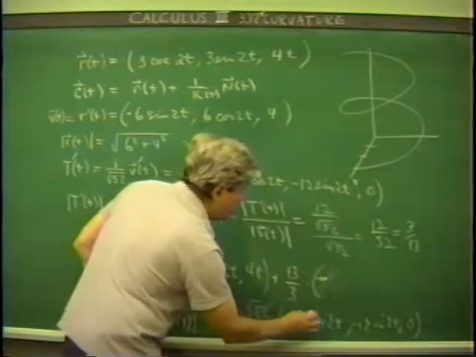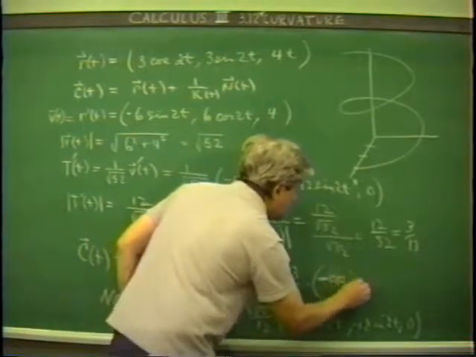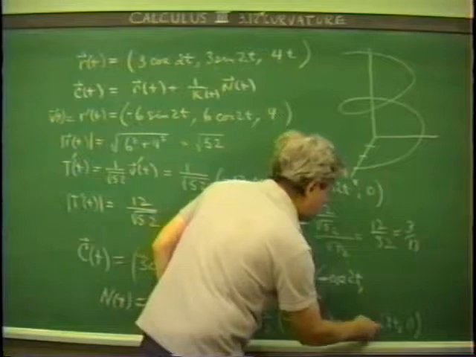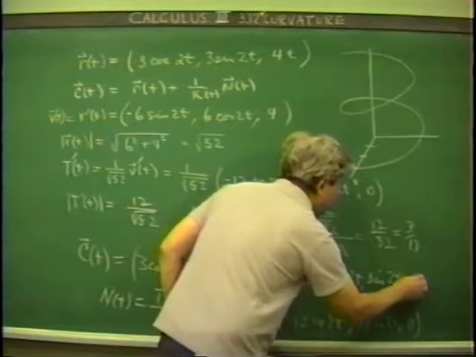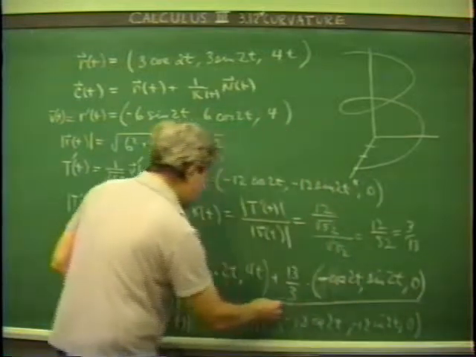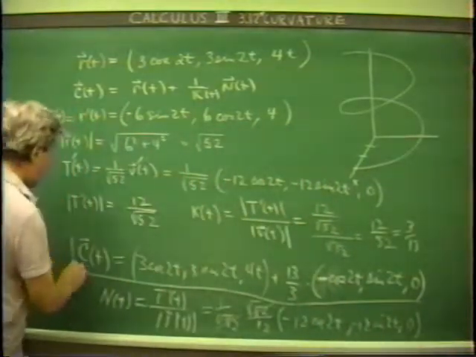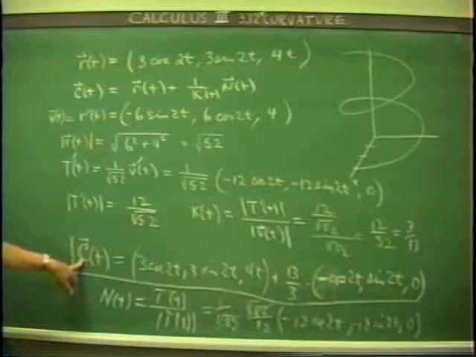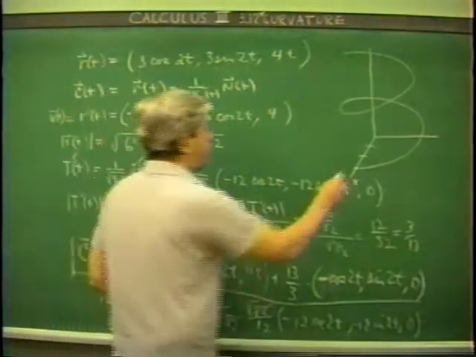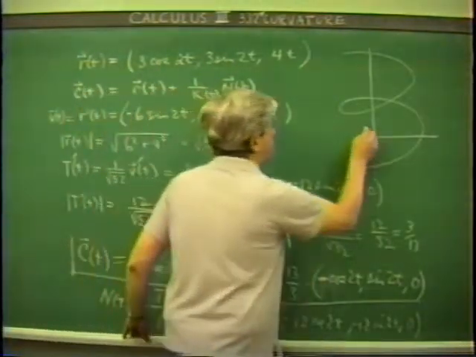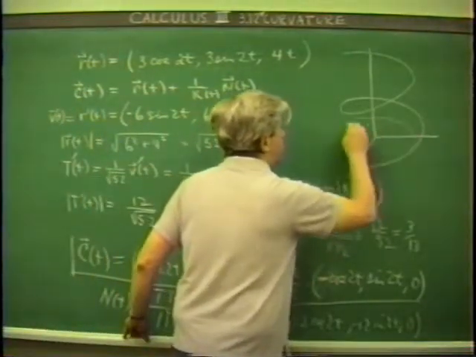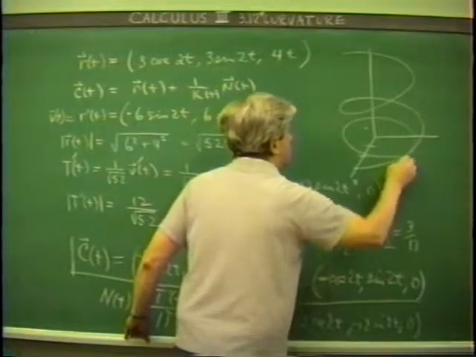The square root of 52 is canceled, and the 12 is going to make this minus cosine 2t, minus sine of 2t, 0. So combining these two here then gives you the center of the best circle approximating this curve.